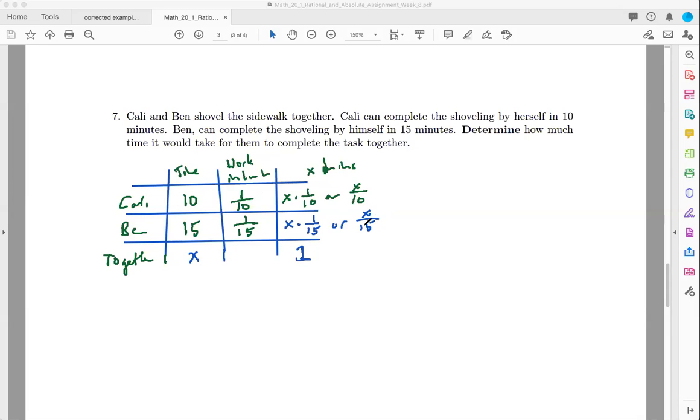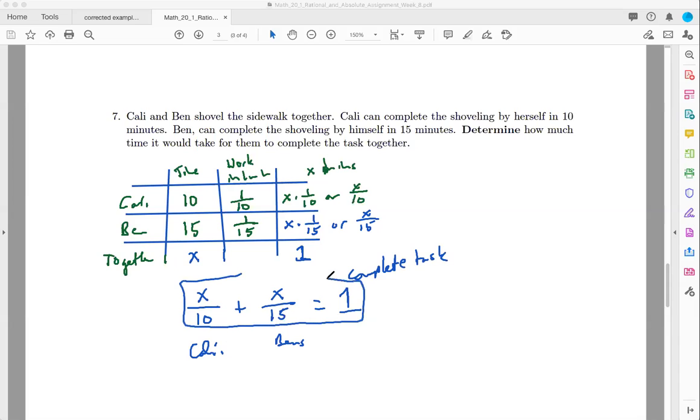This is the amount of work that Ben has done. And so the equation we're looking for is x over 10, the amount of Callie's work, plus x over 15, the amount of Ben's work, is going to end up being the whole complete job, the complete task, right?